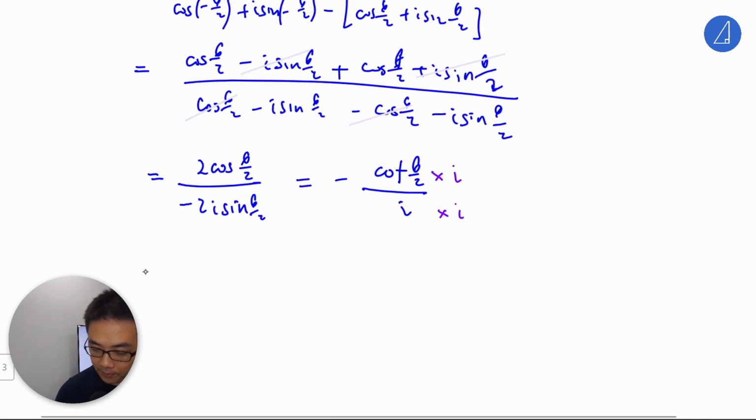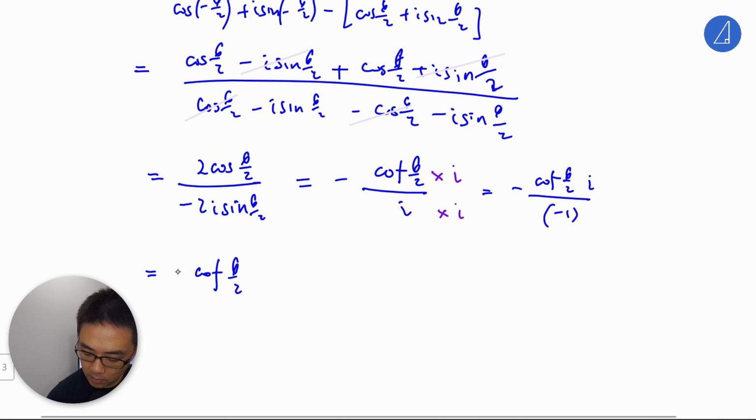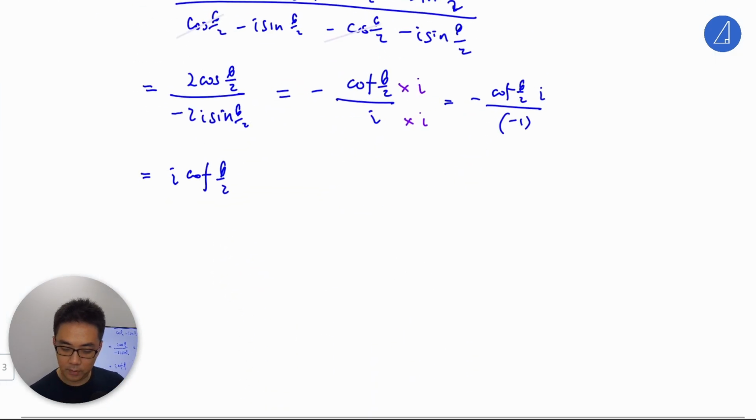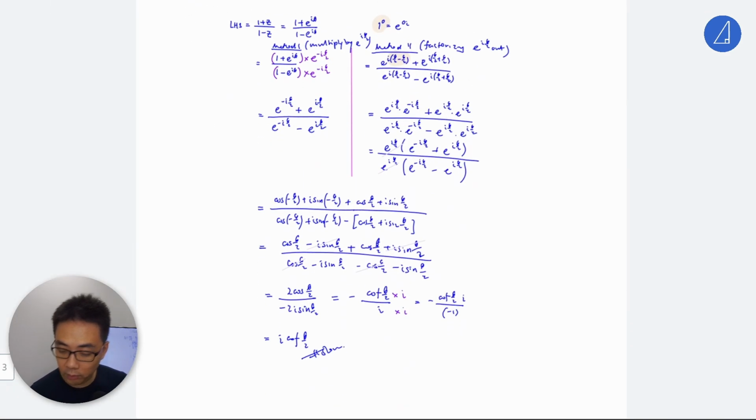You get... is it? Okay, so manipulating theta over 2, very common.